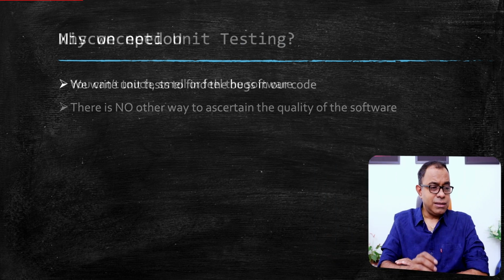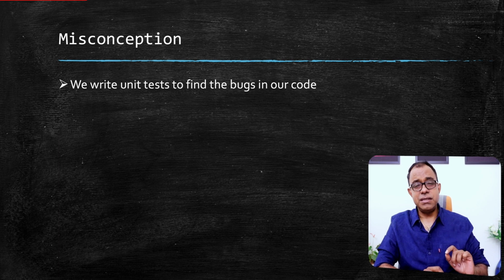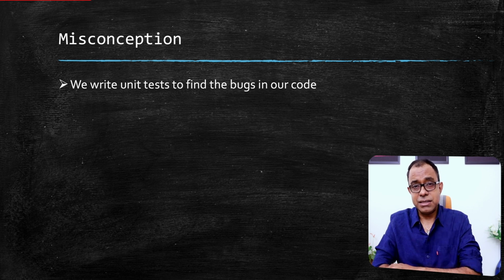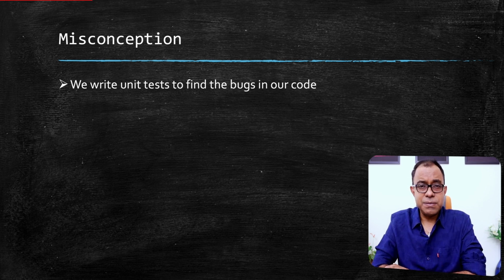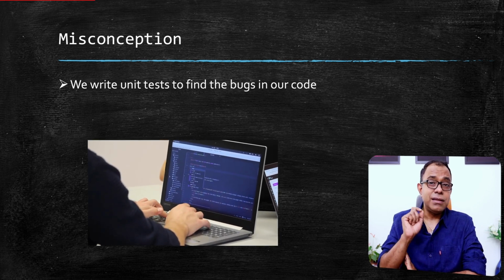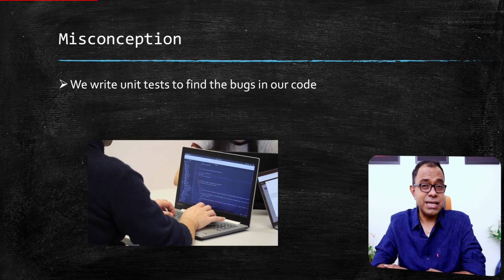So, there are some misconceptions about unit testing. Let's get rid of this misconception because this is going to prevent you from writing appropriate and better unit test cases. The misconception is that we are writing unit tests to find the bugs in the code. No, that's not the case.